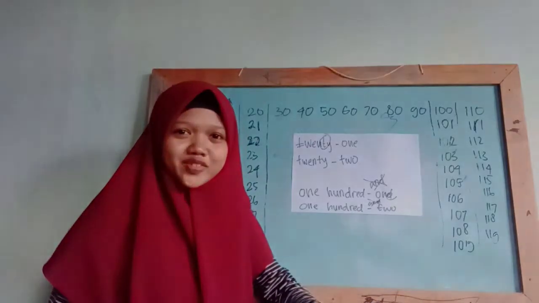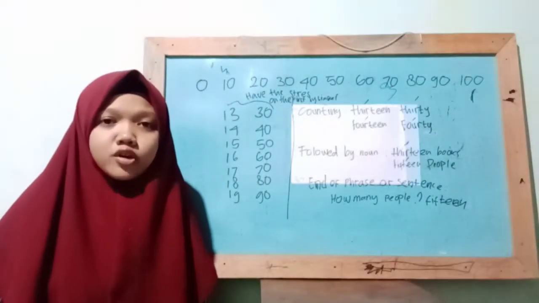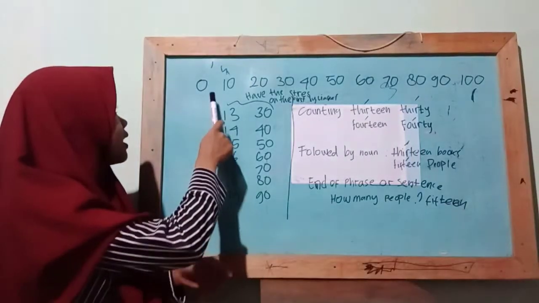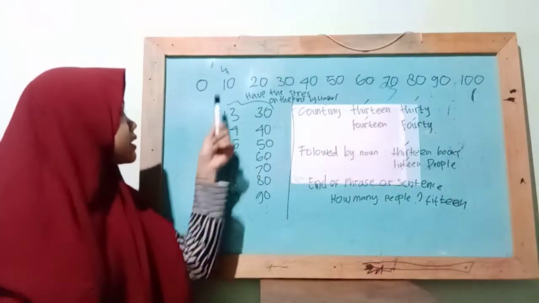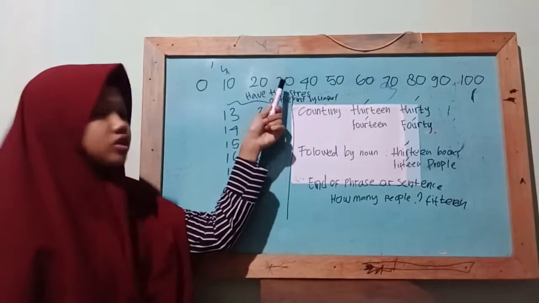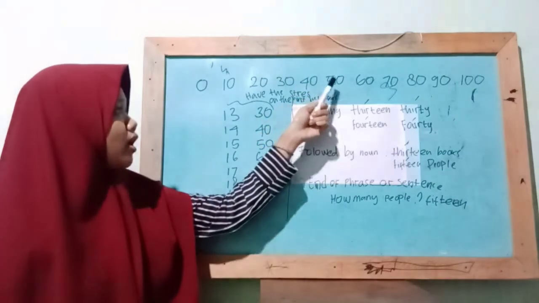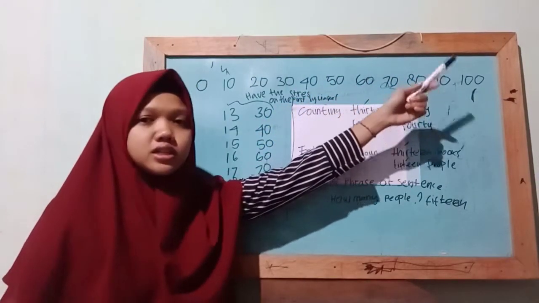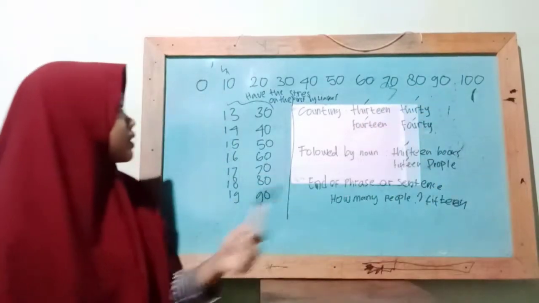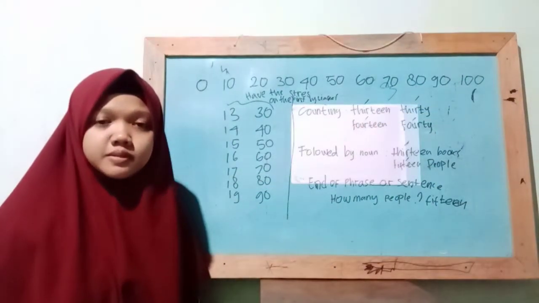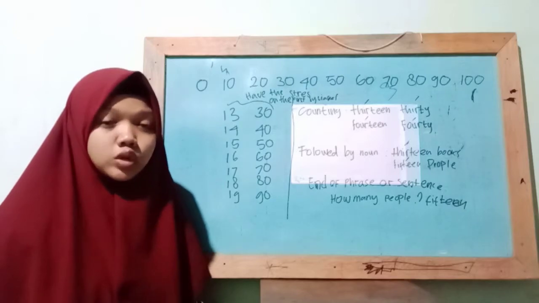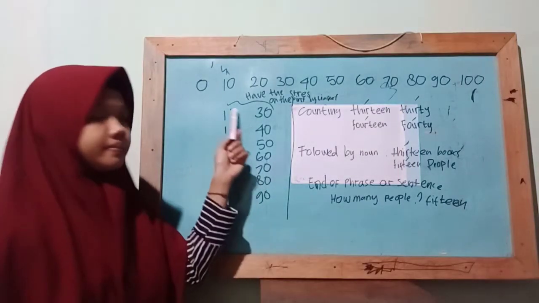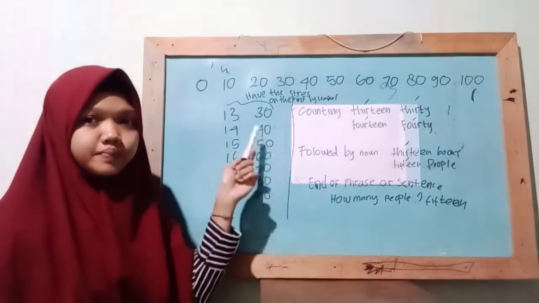Okay, let's move on. I'm going to talk a bit about pronunciation. This is 0, 10, 20, 30, 40, 50, 60, 70, 80, 90, 100. Sometimes people have trouble distinguishing the sound of the numbers in this column and the numbers in this column.